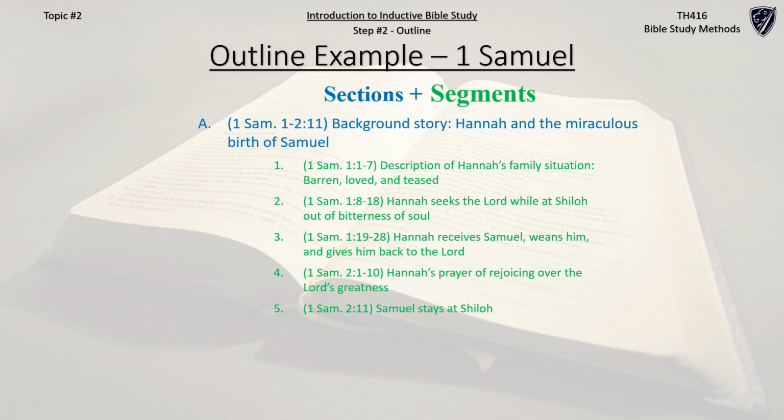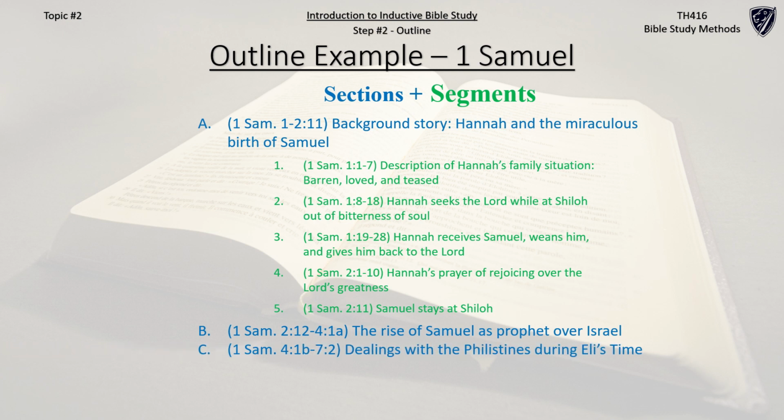Now you can go even further and say that after that, there are more sections in the book of Samuel. For example, in chapter 2, verse 12 through chapter 4, verse 1a, that's the rise of Samuel as prophet over Israel. And inside of that, you'll have several different stories that show that overall theme.